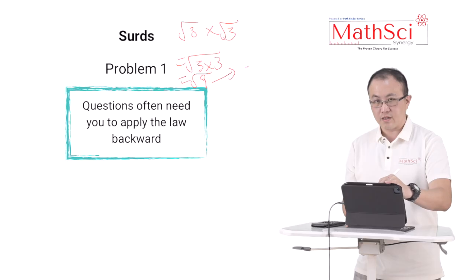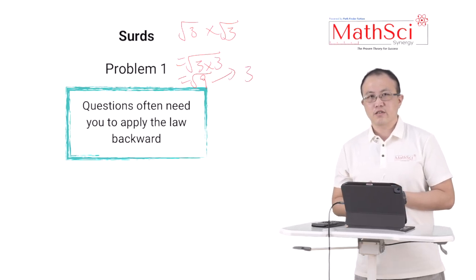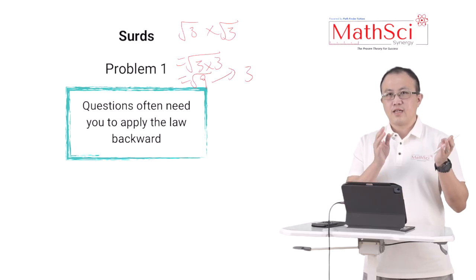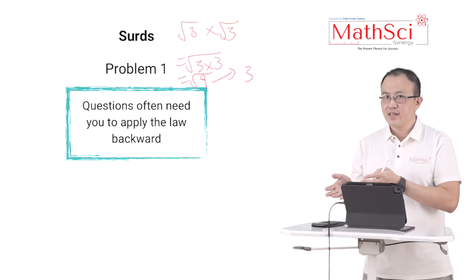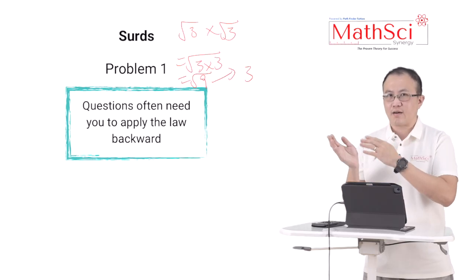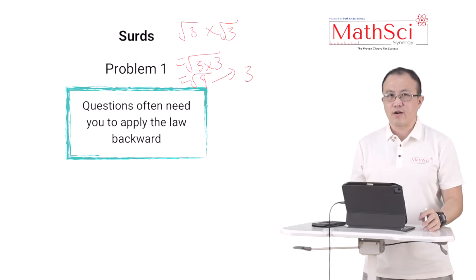Thereafter, this will become a 3. This is what I meant by forward direction, because the rule was square root a times square root b gives you square root of a times b. This is the forward direction.